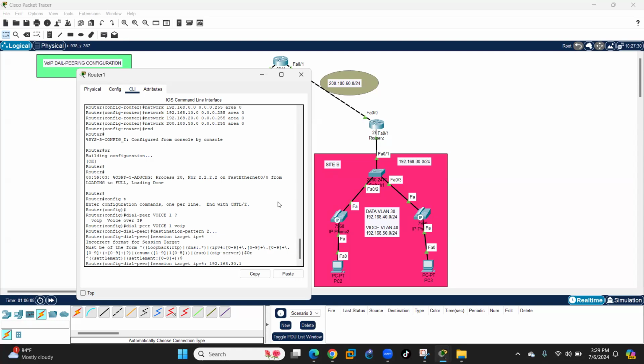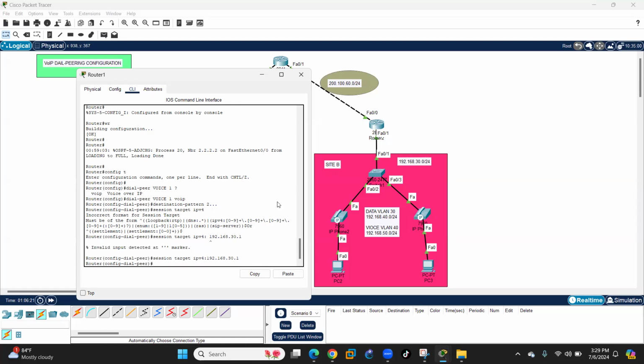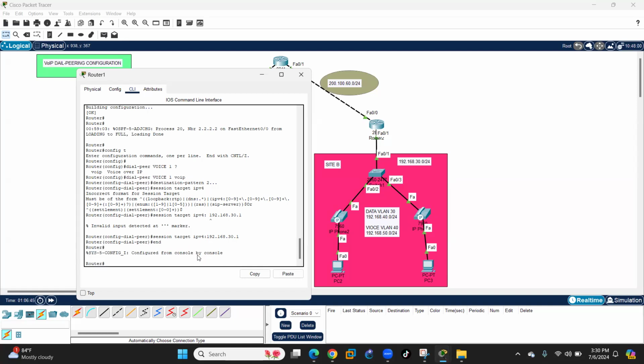Because this class is way behind, I'm not going to teach IPv6. The commands are: dial-peer voice 1 voip, destination pattern, the pattern, and session target IPv4. That is it.